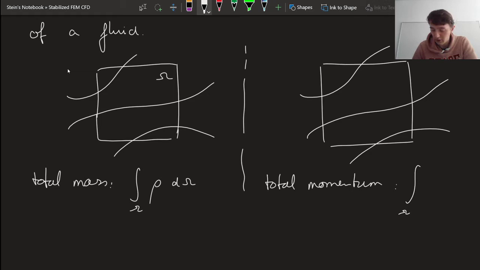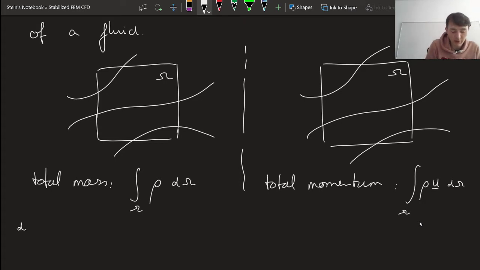Well, that's going to be the integral of rho times the velocity over that volume. So our balance laws are now simply going to be time derivatives of these quantities balanced out by whatever flows in or out in terms of these quantities across the surface of our control volume.